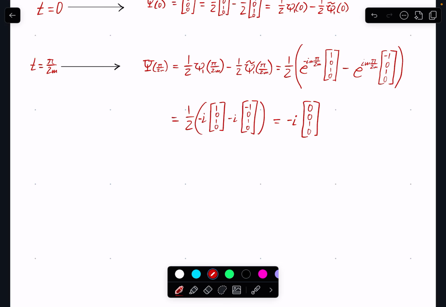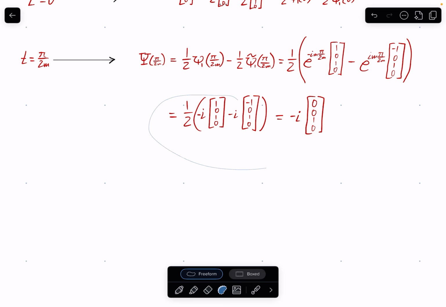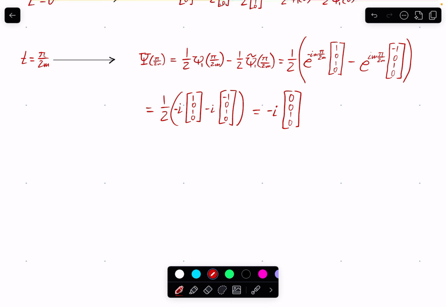This is just the definition of a right chiral field. So this right here is just a right chiral spin up field.